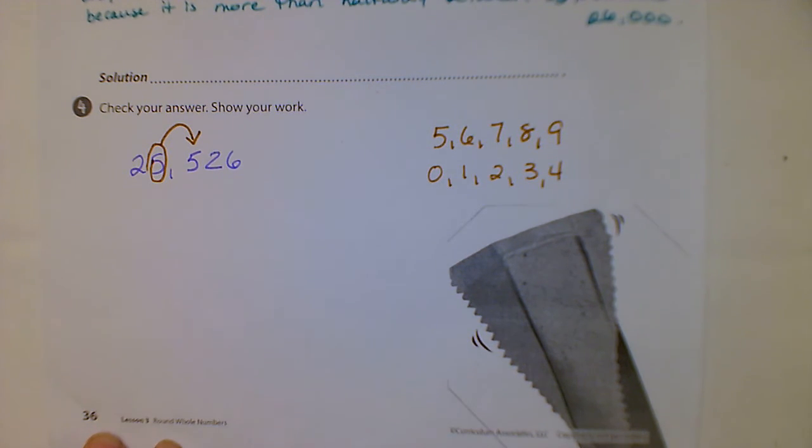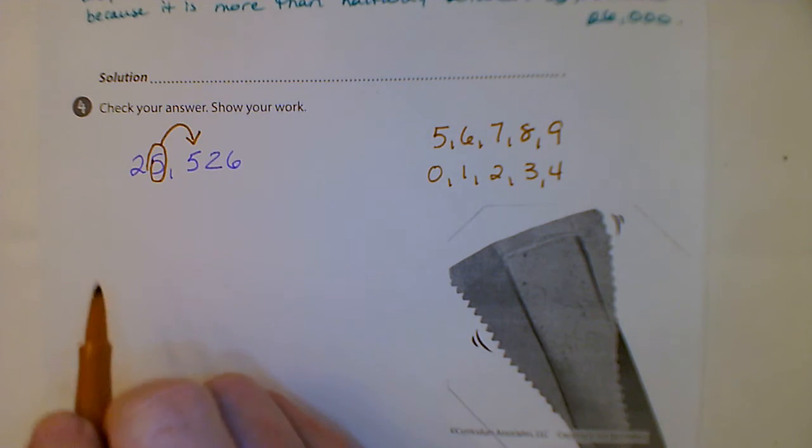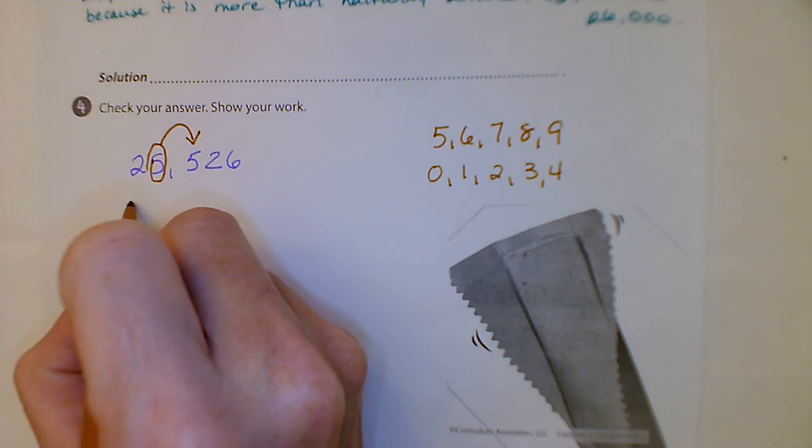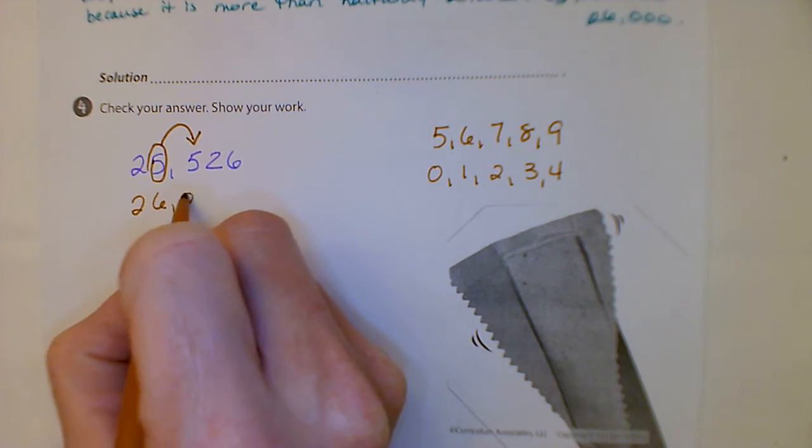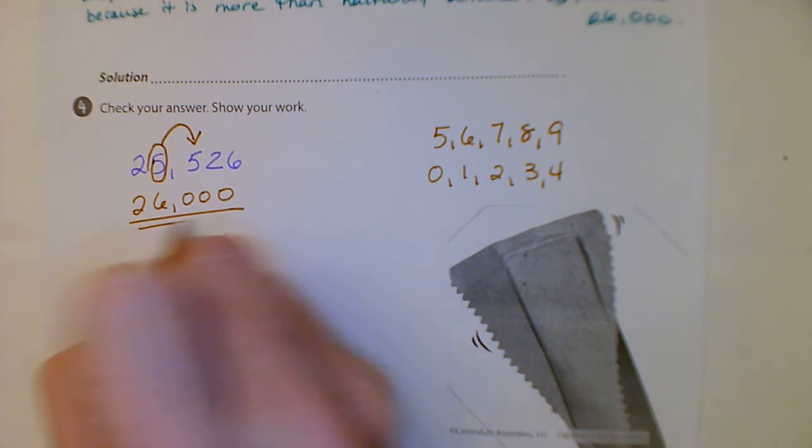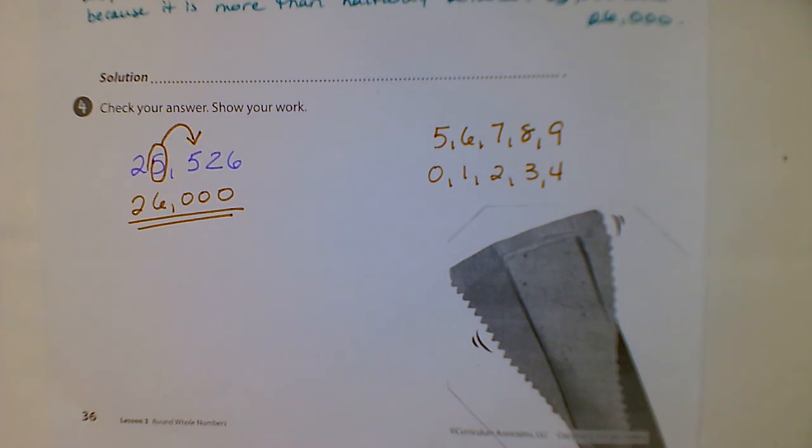So we could say 5 or more, raise the score, and that's why it would be 26,000. I want you to remember that.